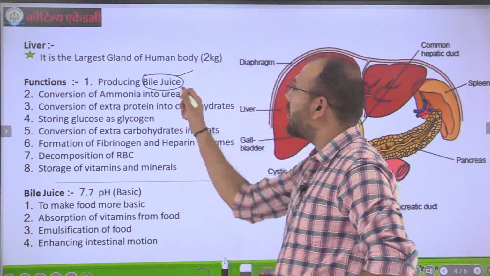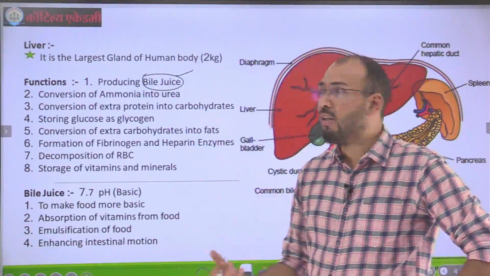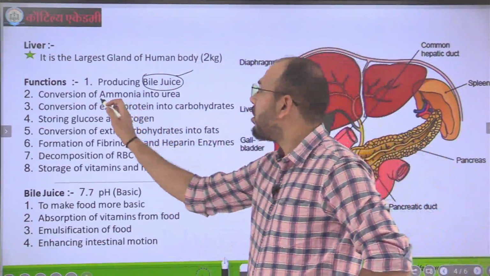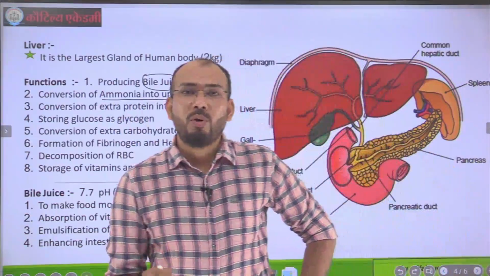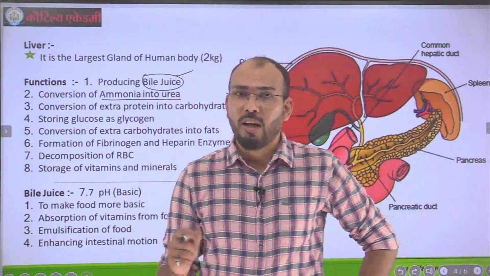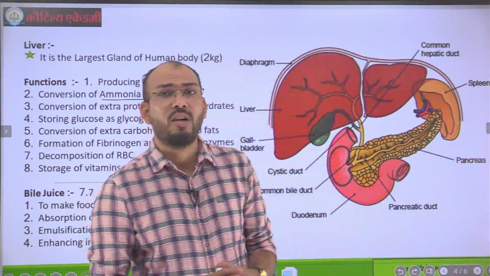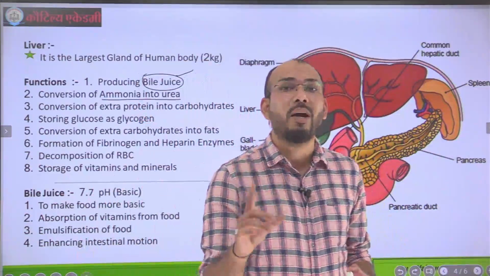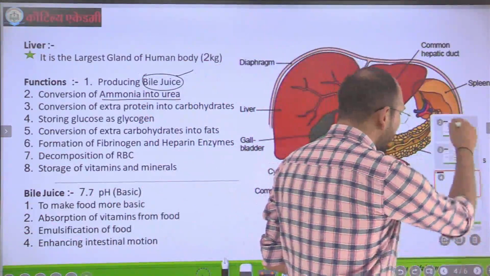Other than secreting bile juice, the liver is responsible for many other functions, like conversion of ammonia into urea. As we have studied, protein after being completely digested is converted into amino acids, and an amino acid has a functional group called amine, NH2. Let me explain through the structure of an amino acid.